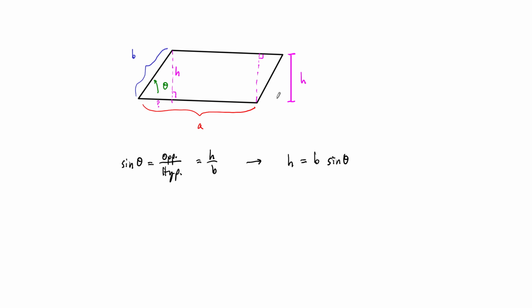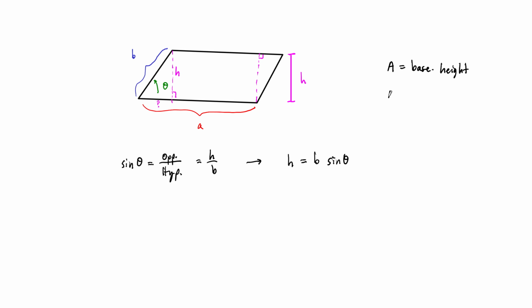At this point we can write down the area of this parallelogram without much trouble at all, because the area of our parallelogram is base times height. Height of course is the altitude height. It's not the length of this side length. That's why we had to compute H using trigonometry.